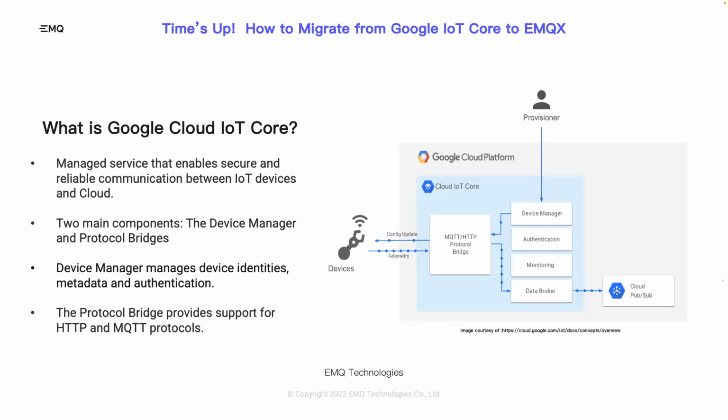That data coming in is filtered and sent to your Google Pub/Sub service, and then most of the time you have some sort of service that is filtering that data or triggering some type of action because of that MQTT data.